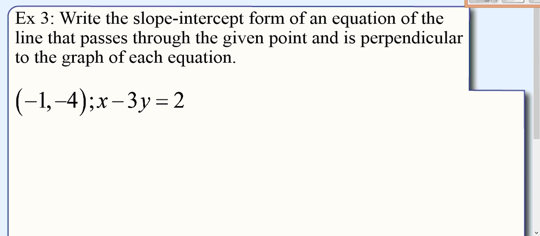So you can do the same type of process without the graph if you just use point-slope form. Here's our x1, y1. And we're trying to go perpendicular to this equation. So we're going to start by finding the slope of this equation, getting y by itself. So we're going to subtract x from each side.